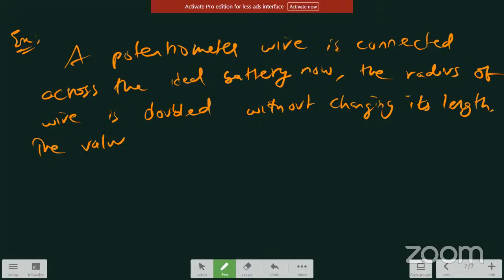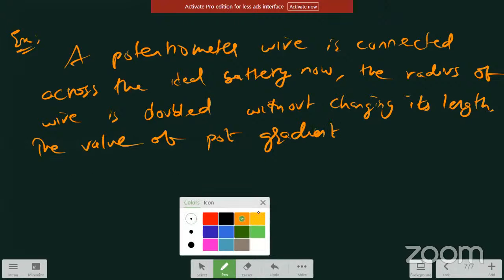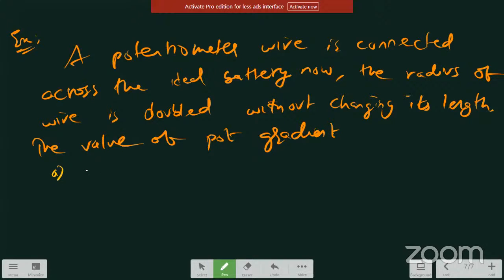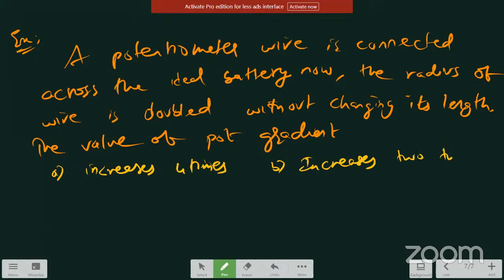The value of potential gradient: options are increases 4 times, increases 2 times, does not change, becomes half.